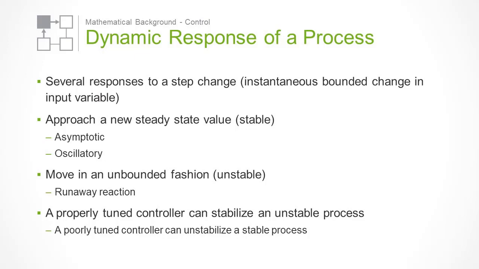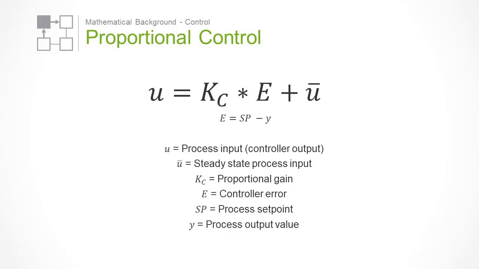A properly tuned controller can stabilize an unstable process, but a poorly tuned controller can even make a stable process unstable. So setting valid controller parameters for your process is crucial. A simple form of control would look at where we want a process variable to be, the set point, and compare this value to the actual value of the process variable.